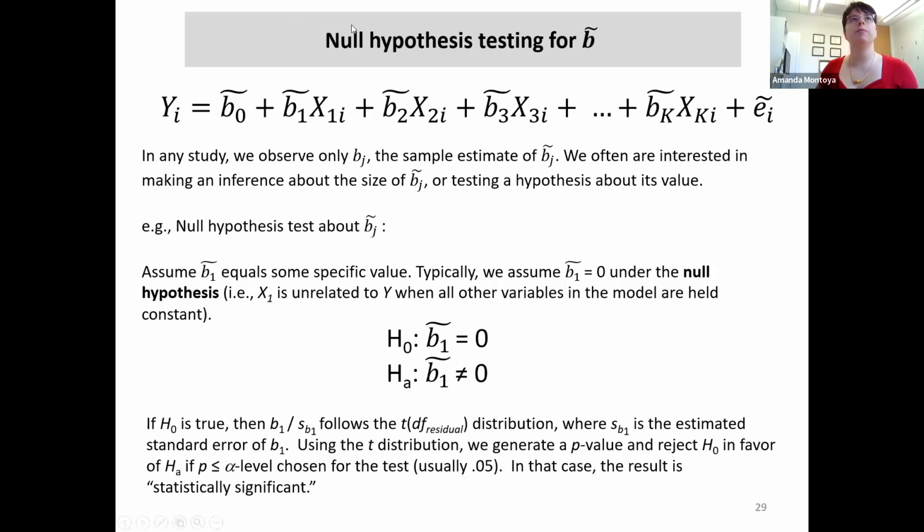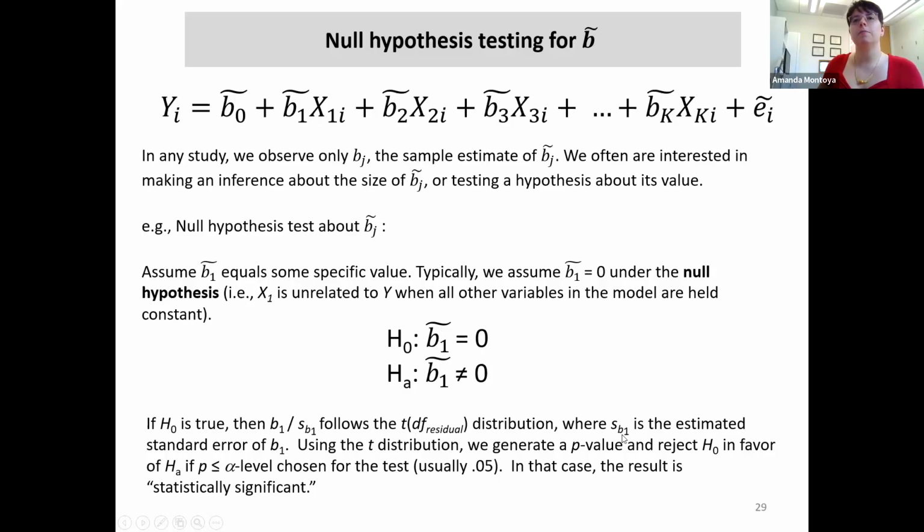For our purposes, we're going to be focusing mostly on individual regression coefficients. So here we could assume that the true population B1 is equal to 0. Then under that null hypothesis, B1, the sample value of B1 divided by its standard error, follows a t distribution with the degrees of freedom being the degrees of freedom residual from the model.